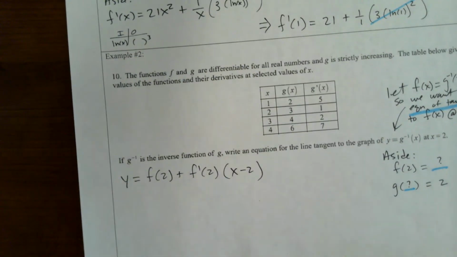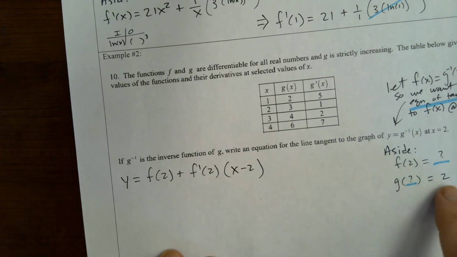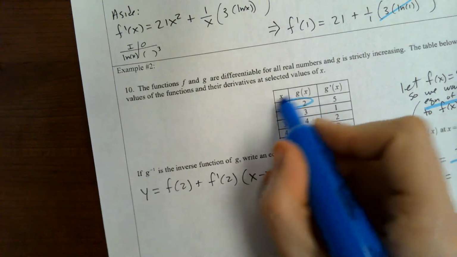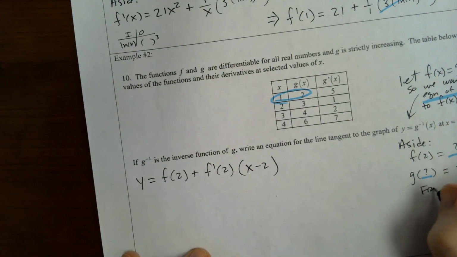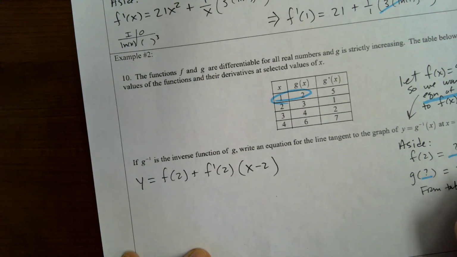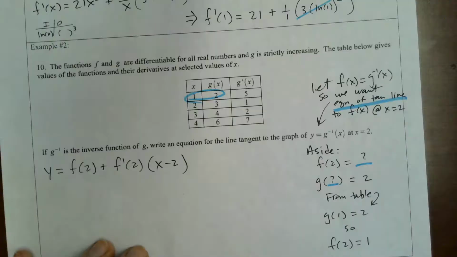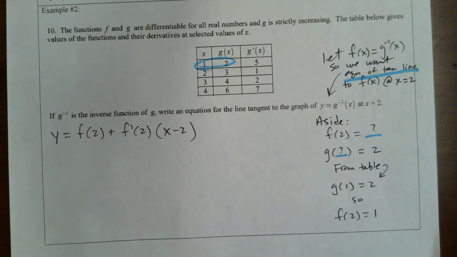So what input on g is going to give me an output of 2? It's right there. From the table, we have g of 1 is 2, so that means that f of 2 is 1. All right, so there I've got that.